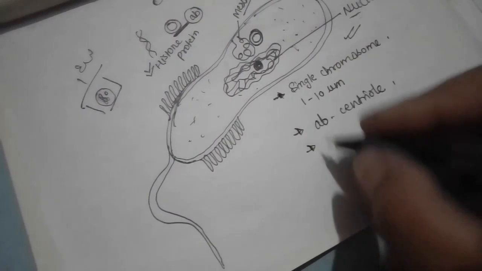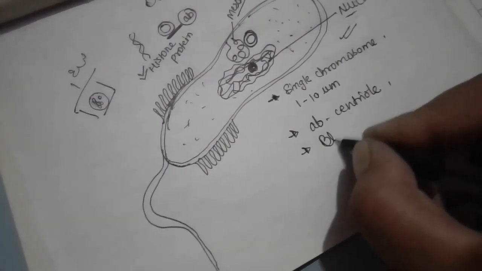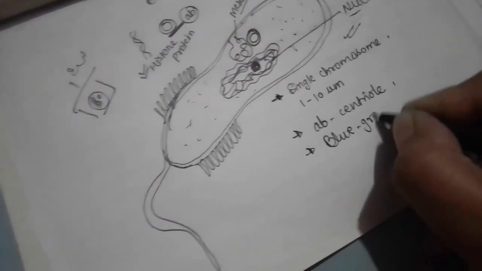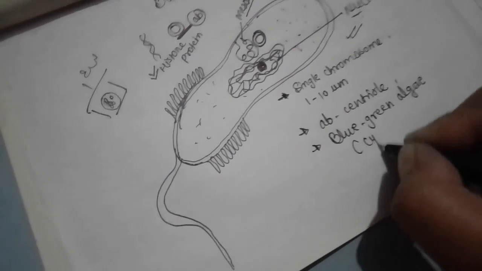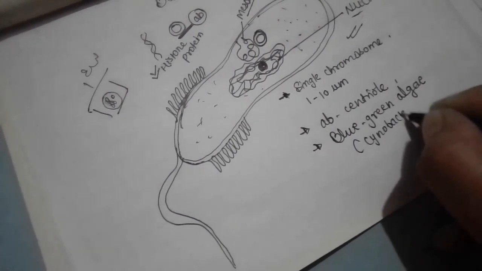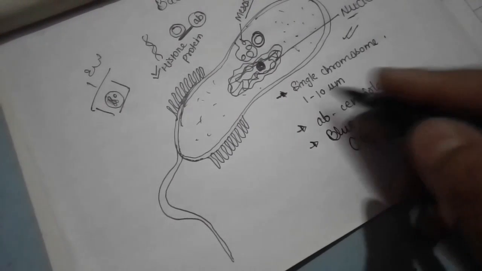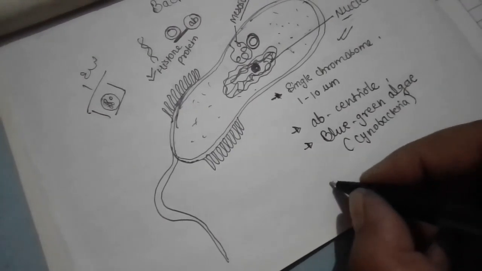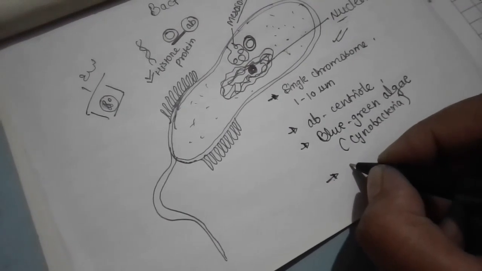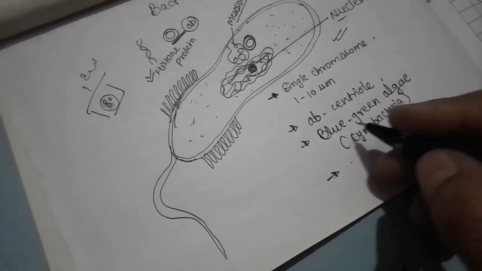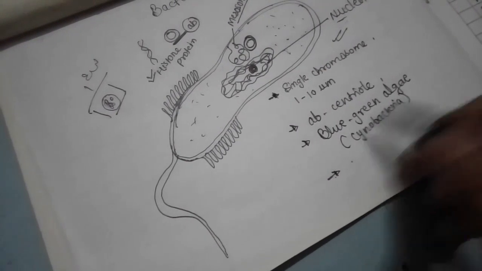Next point, we can say that prokaryotic cells are present in the blue green algae, which is actually known as the cyanobacteria. That is a type of bacteria which has this type of cell wall and structure. And the next example, we can say the bacteria itself, and cyanobacteria.